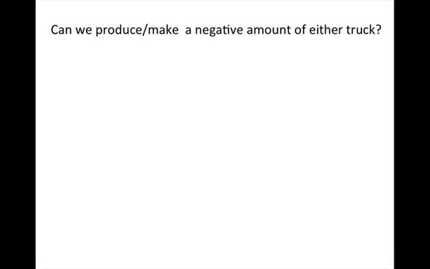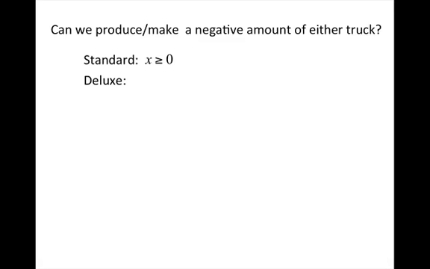Then the next thing you always want to ask yourself: can my variables be negative? My variables were the number of standard model and deluxe model trucks that I produced. I cannot produce a negative amount of trucks. So for the standard model, X has to be greater than or equal to 0.